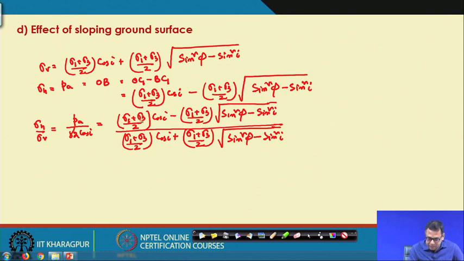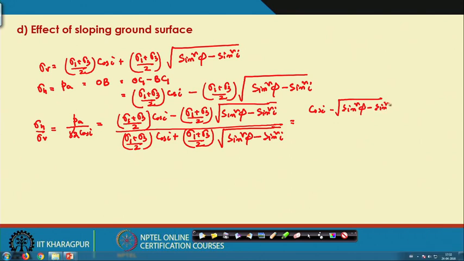So, now (σ1 + σ3)/2 we can cancel. Okay. So, I can write this as cos i minus root over sin²φ minus sin²i divided by cos i plus root over sin²φ minus sin²i.